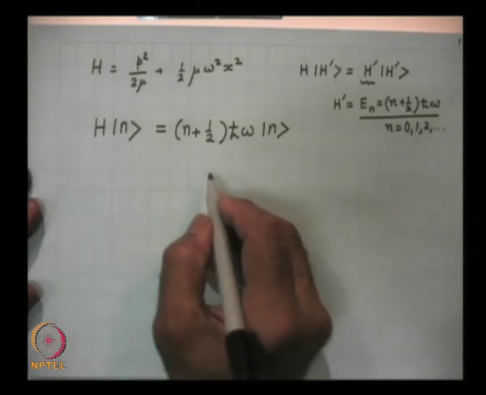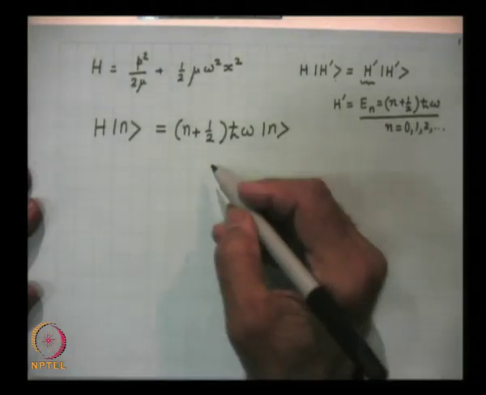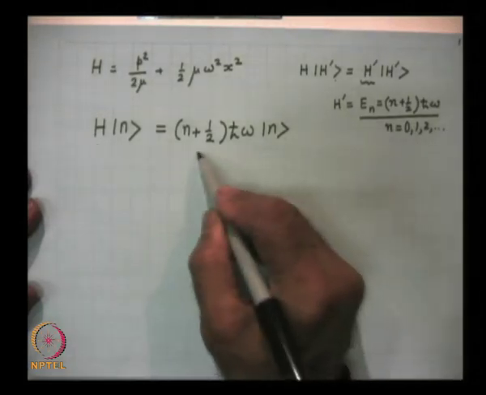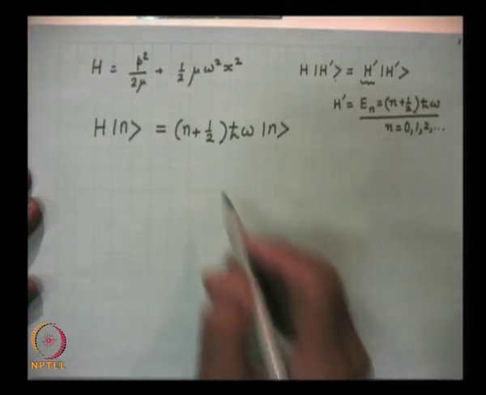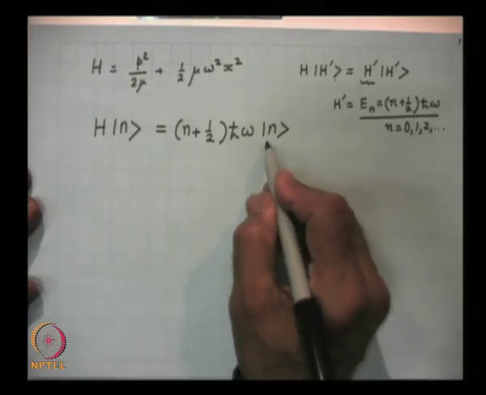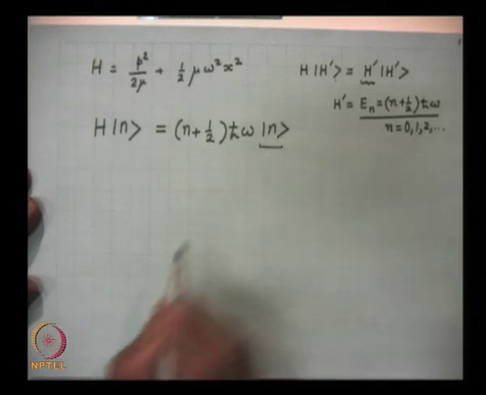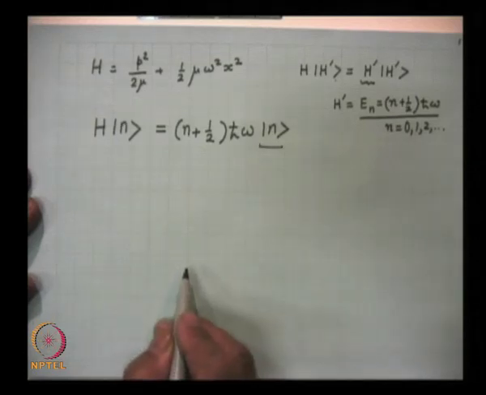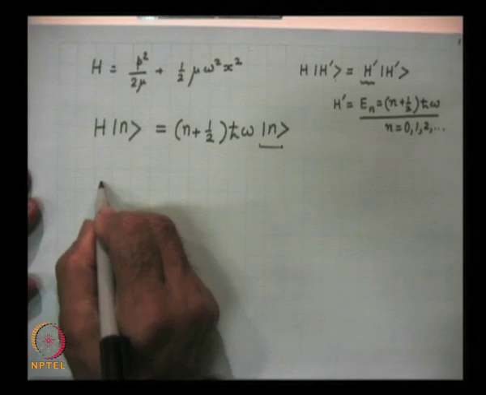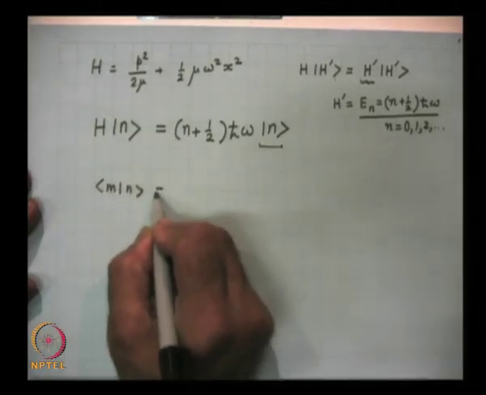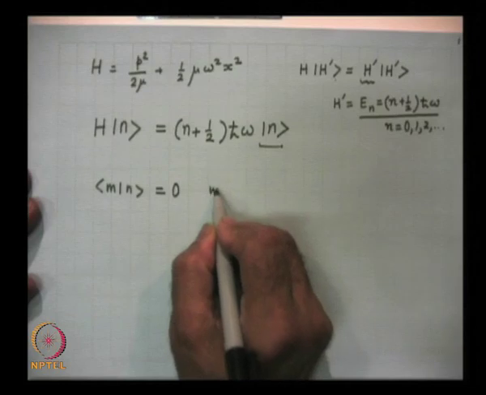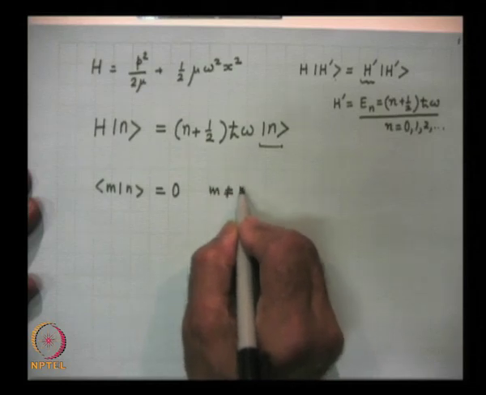Now, since h is a Hermitian operator, all the eigenvalues are of course real, but we had shown that eigenkets belonging to different eigenvalues must be orthogonal. That is, bra m ket n must be equal to 0 if m is not equal to n.